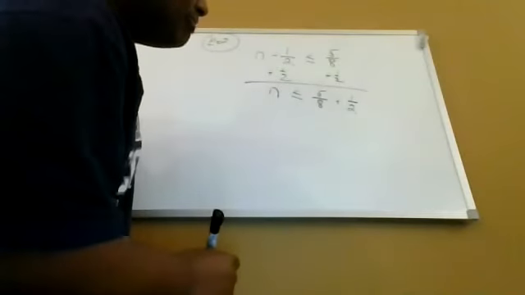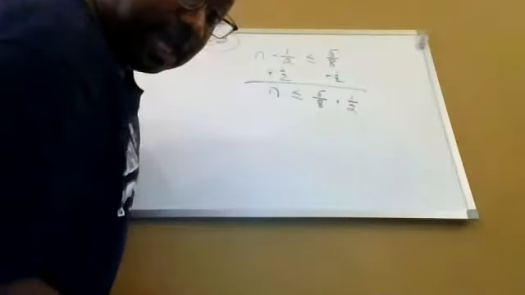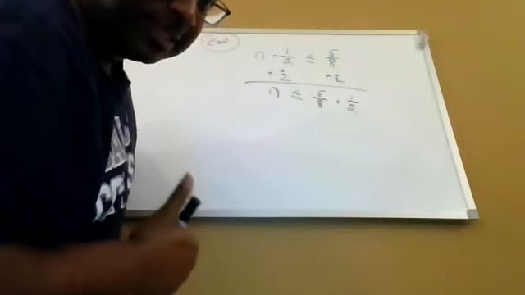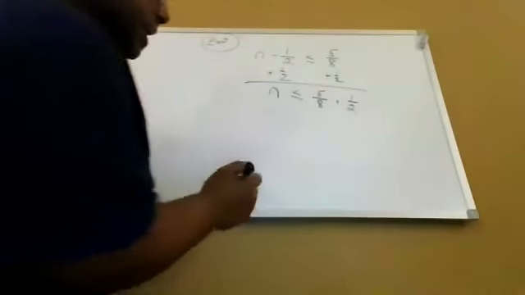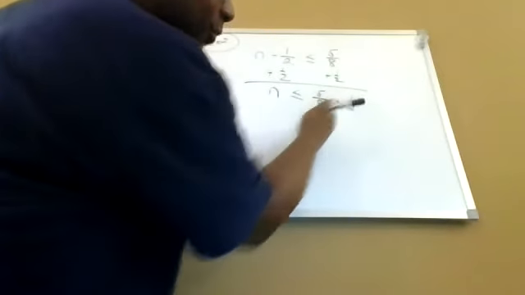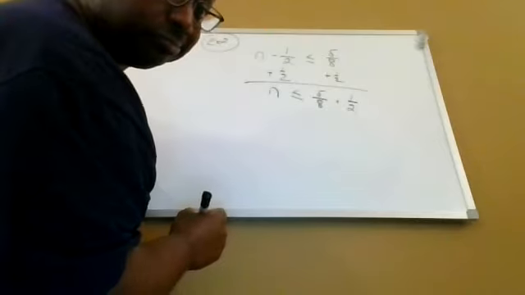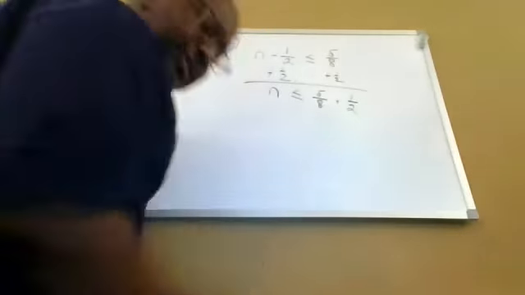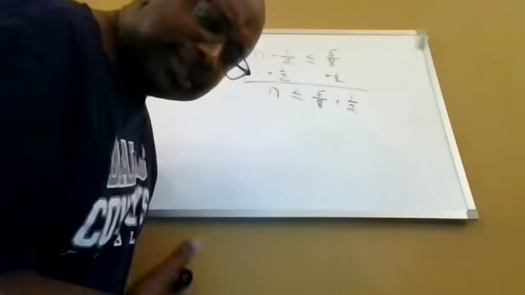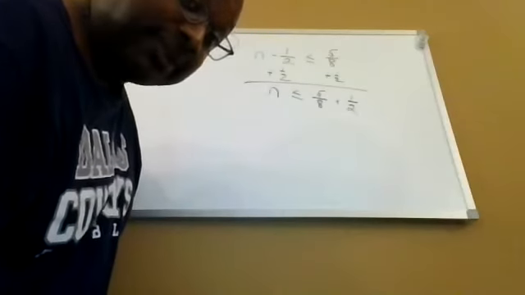Well, I can't add these fractions because they have different denominators, but I can make them have the same denominator by multiplying the fraction 1/2 by the fraction 4/4. And there are other ways to do this. You can use the least common multiple, but the main thing is you need to get the same denominator.